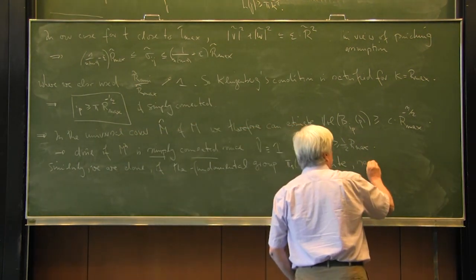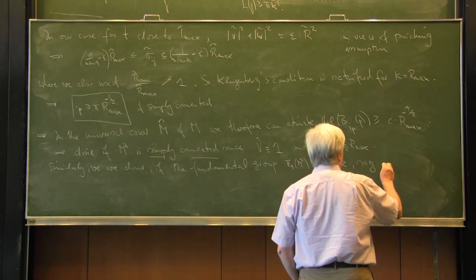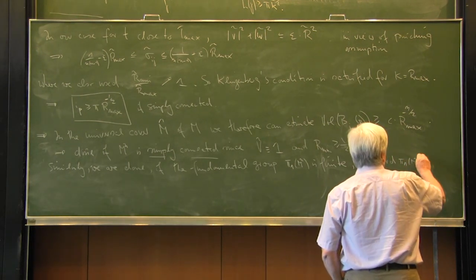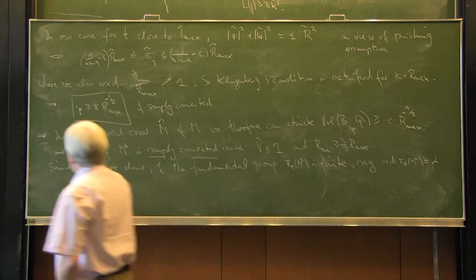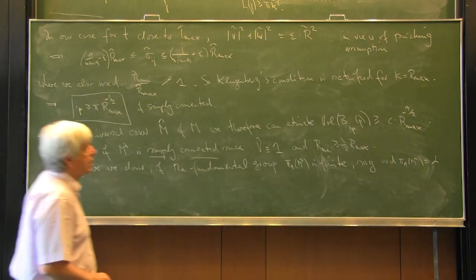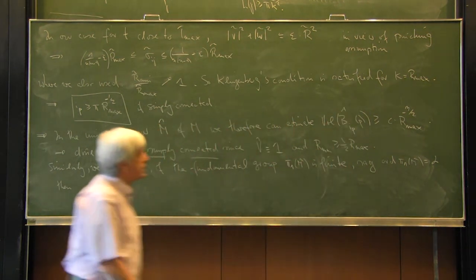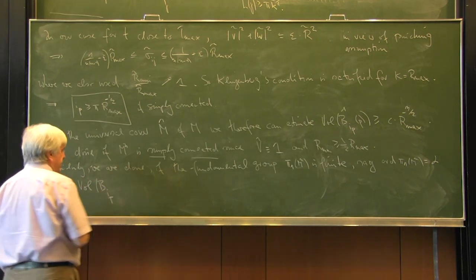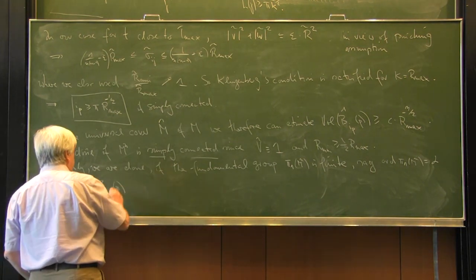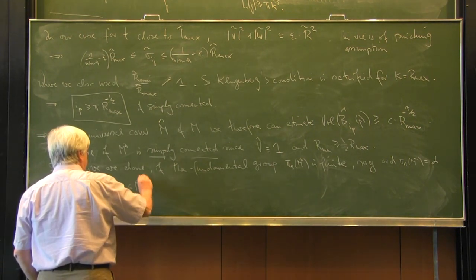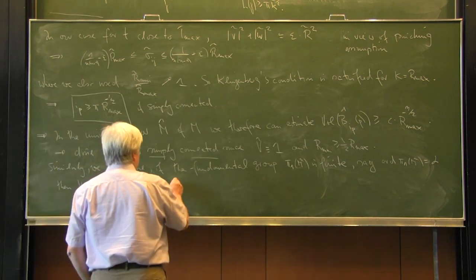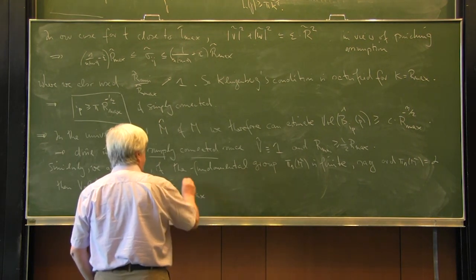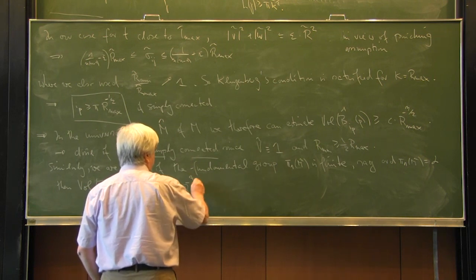Say the order of pi 1 Mn equals alpha, then the volume of the ball of injectivity radius around P inside the original manifold would be bigger than C over alpha times R max to the minus n over 2.